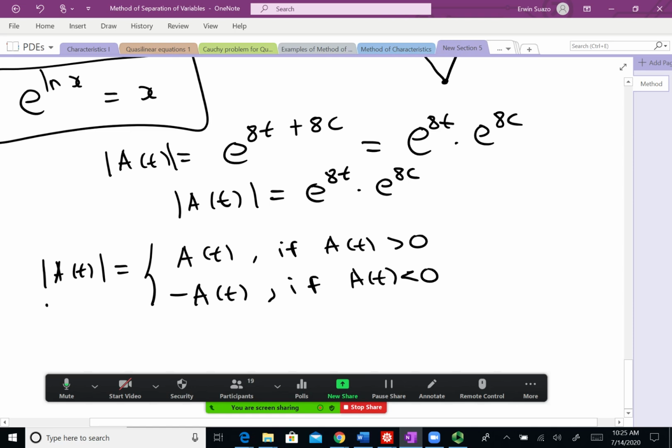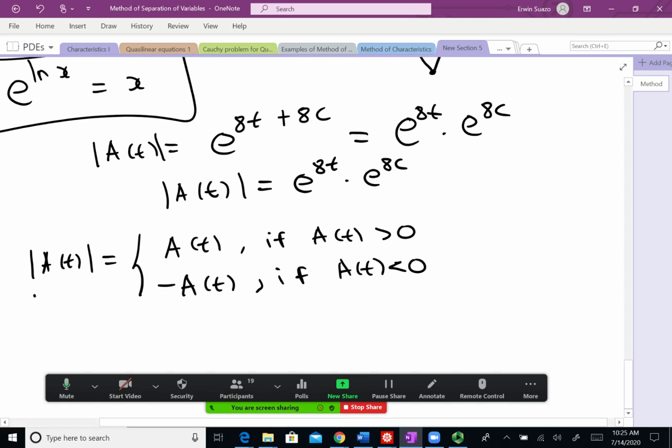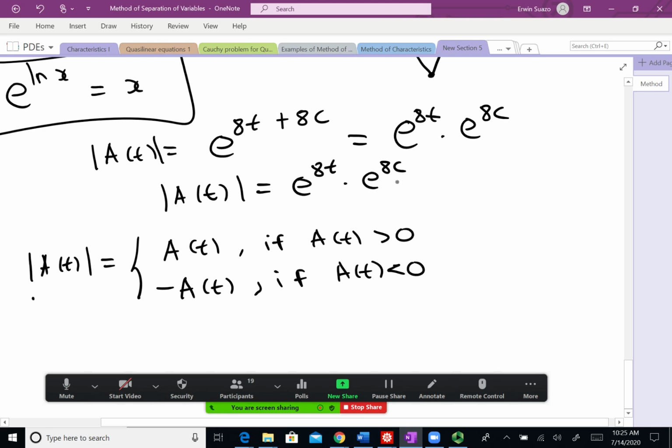So basically, I just have a problem of plus or minus, right? So what I'm gonna do is, this is just a constant, so I'm gonna call it another constant. And for the plus or minus, I'm gonna call it plus minus. Okay, I'm gonna eliminate the absolute value.